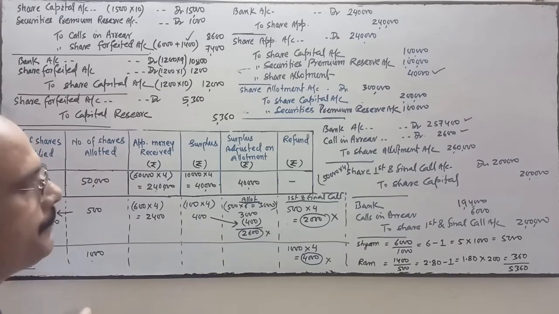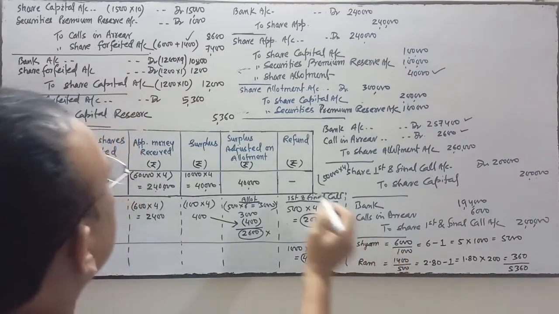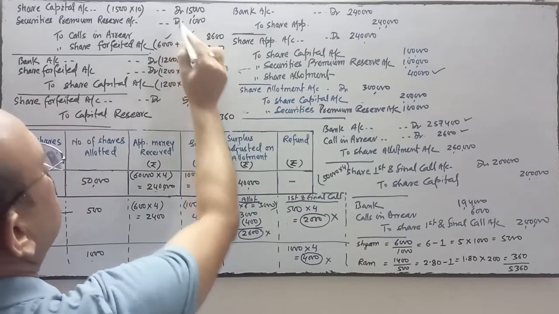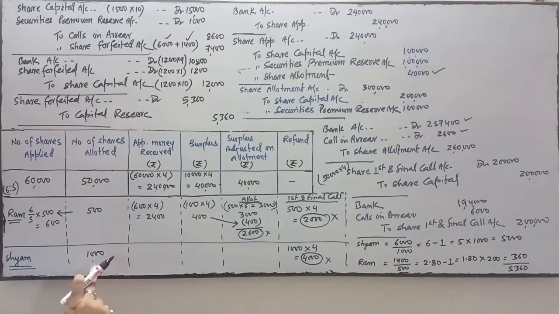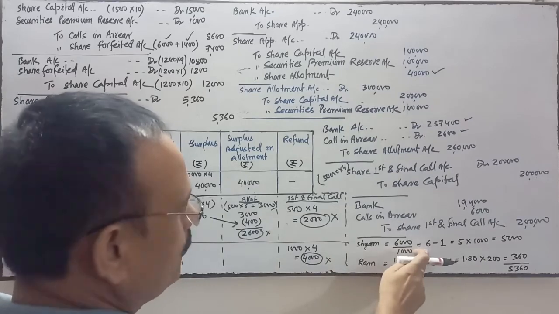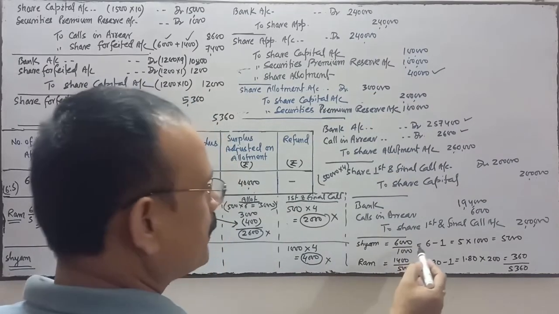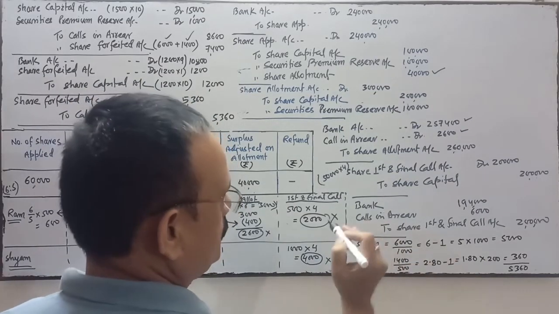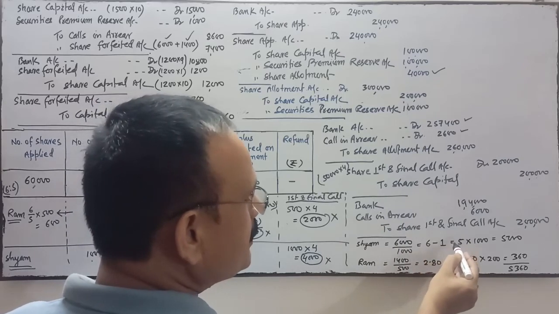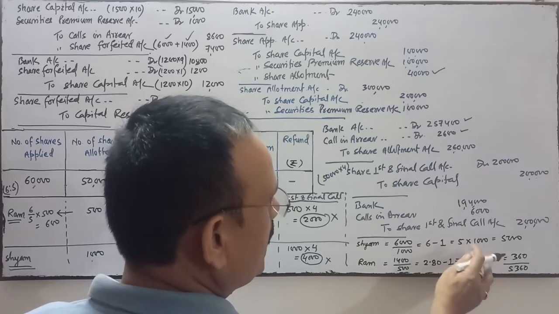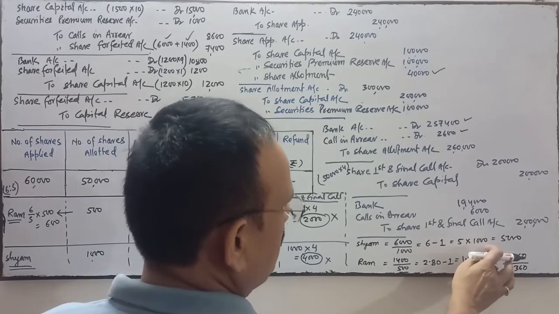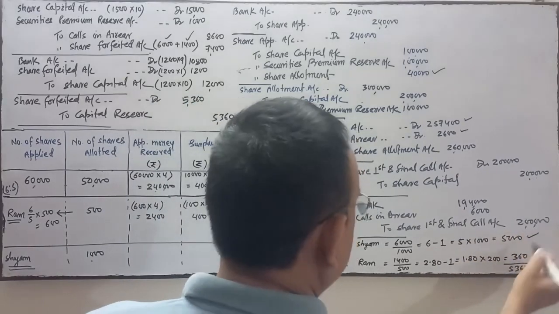In case of Shyam, the forfeited amount is 6000 on how many shares? 1000 shares. So per share gain is 6 rupees. At the time of reissue, 1 rupee is the loss. So net gain per share is 5 rupees, multiplied by the number of shares reissued, 1000. So it is 5000.